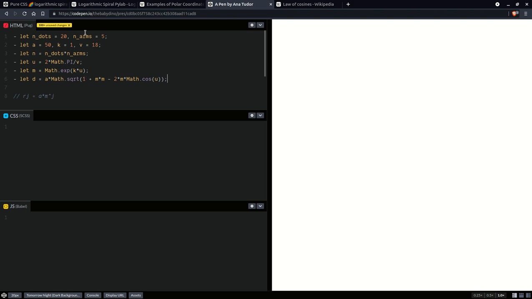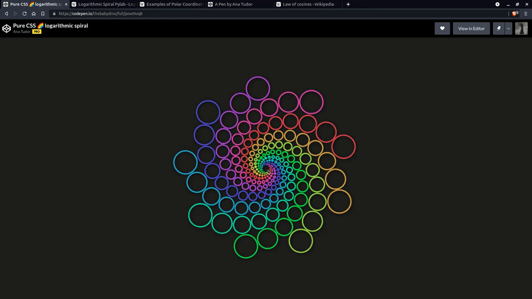Now, we've used the term radius, and until now it's always been used to express the position radius. So the distance of the center of a dot, the distance from the origin right there in the middle to the center of a dot. So that's basically the position radius. But we have another radius, which is the dot radius.